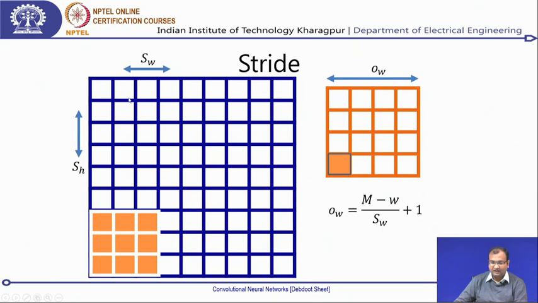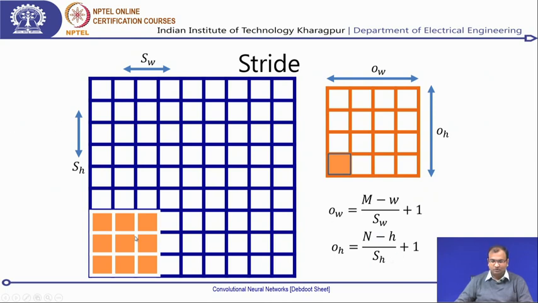So, technically, if I have an image of size m and a kernel which has a width of w, and a stride of SW, then my output is given by this relationship. So this is the width of the output. Similarly, if I want to look at the height of the output, I will have to look at the vertical side as well.